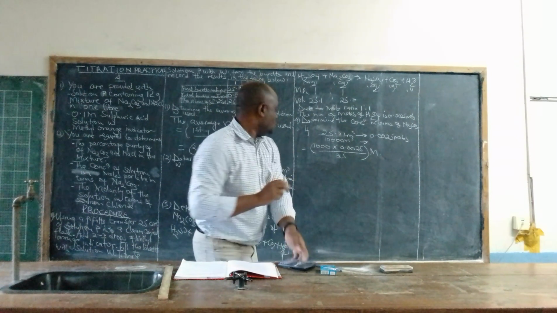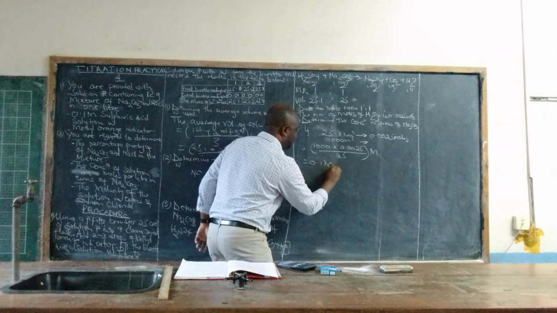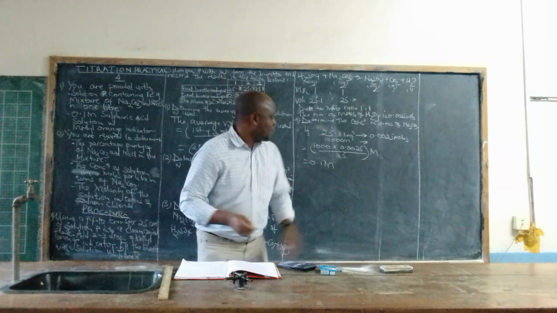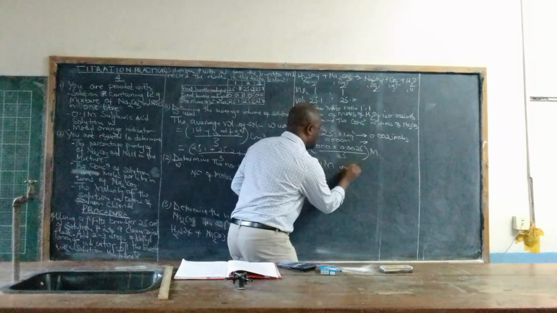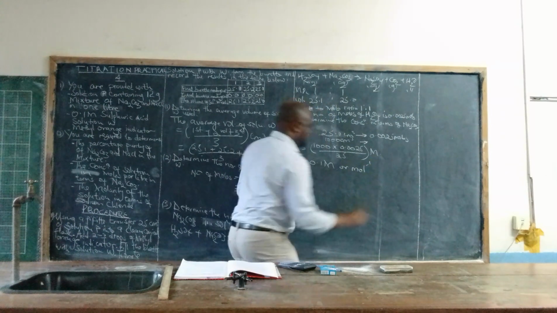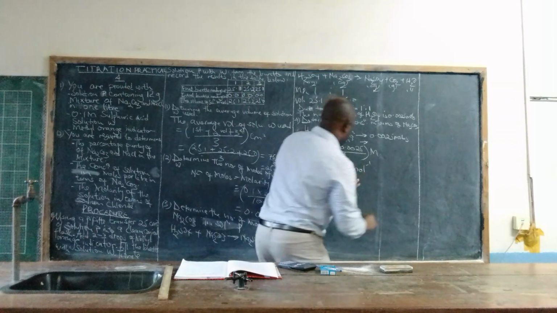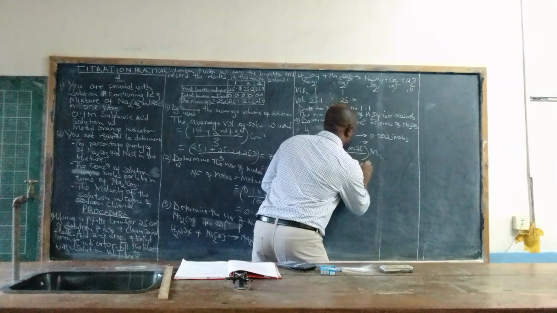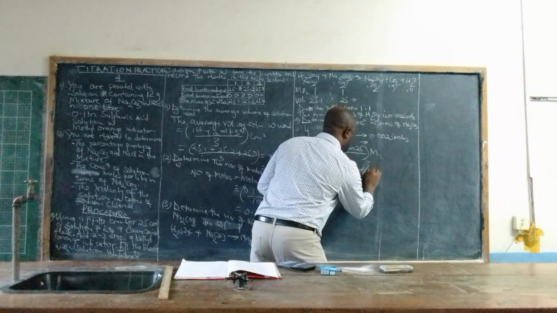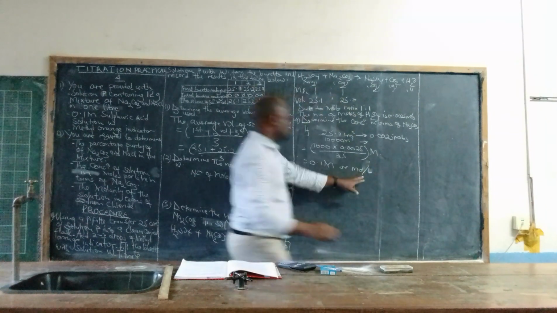So we have got here 0.1 M. You can write this as moles per liter.